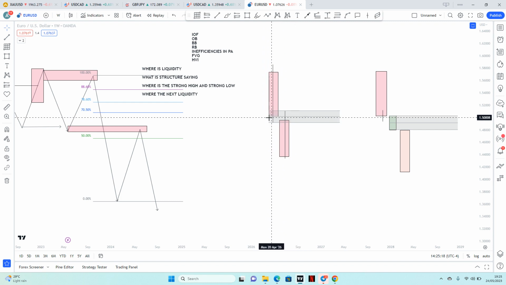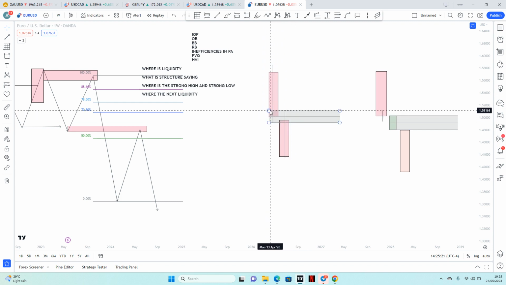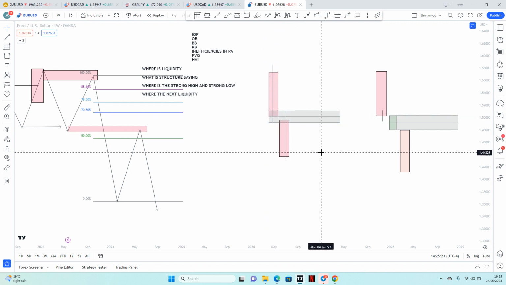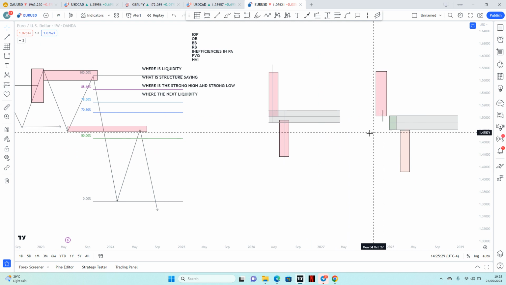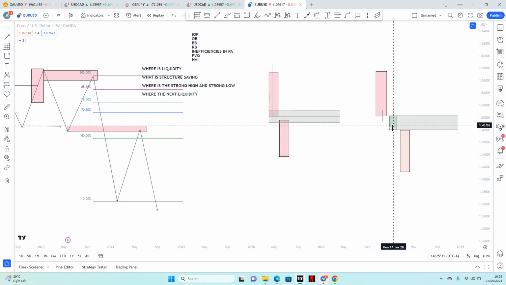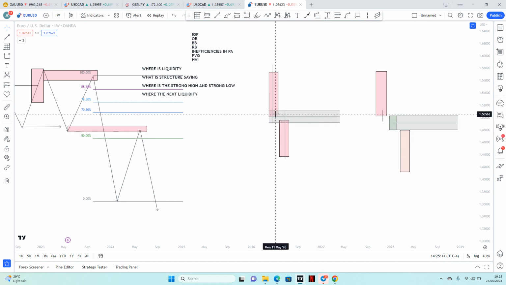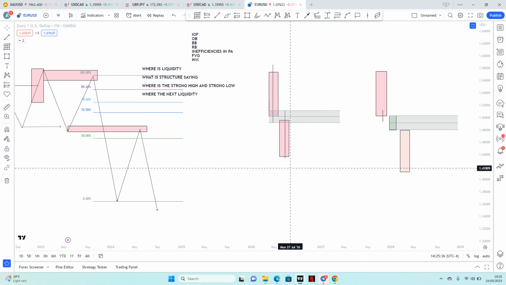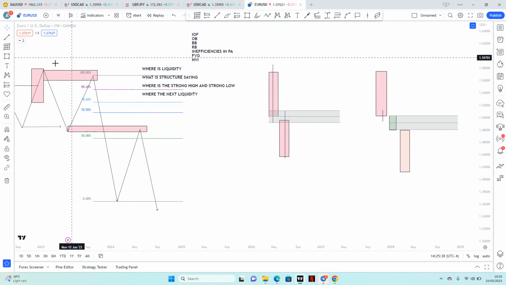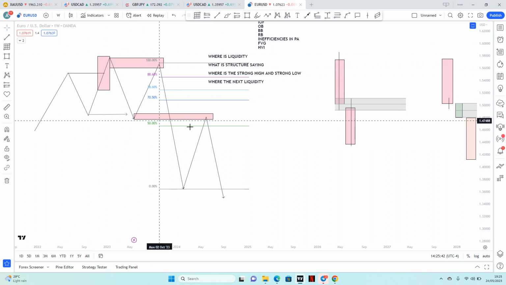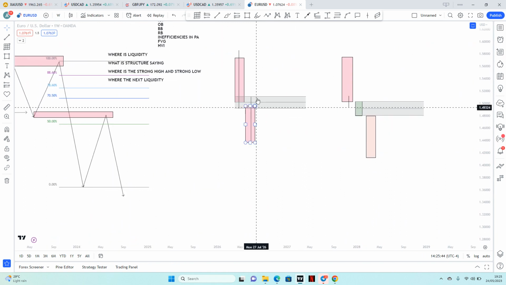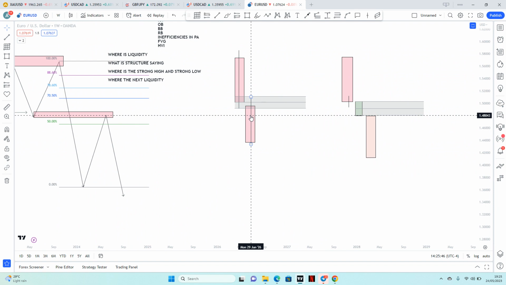So this gap in here is also what we call high volume imbalance. Most times price will come back to fill it. And in most cases, if you check these moves on a lower time frame, it will look exactly like this. That is why we choose them in trading sometimes.